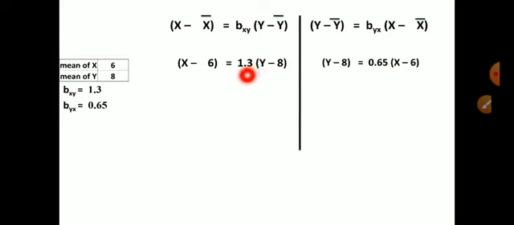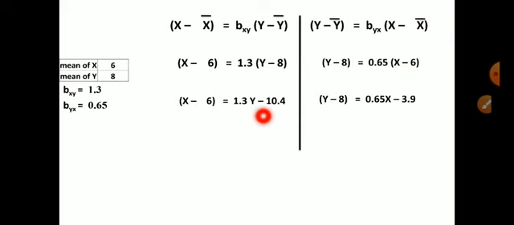What you have to do here is multiply 1.3 into y, that is 1.3y, and 1.3 into 8 you will get as minus 10.4. Here 0.65 into x is 0.65x, and 0.65 into 6 is 3.9.